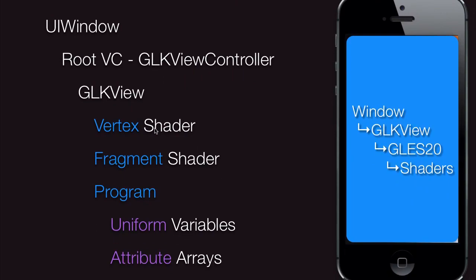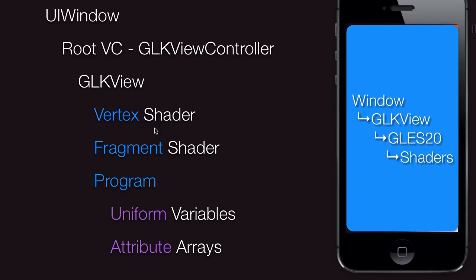Just a recap of the structure of the OpenGL interaction. We've got the UI kit and the GL kit core up there, provided by Apple. The UI window, GLKViewController, GLKit, GLKView. And then you have the components that you add to this.